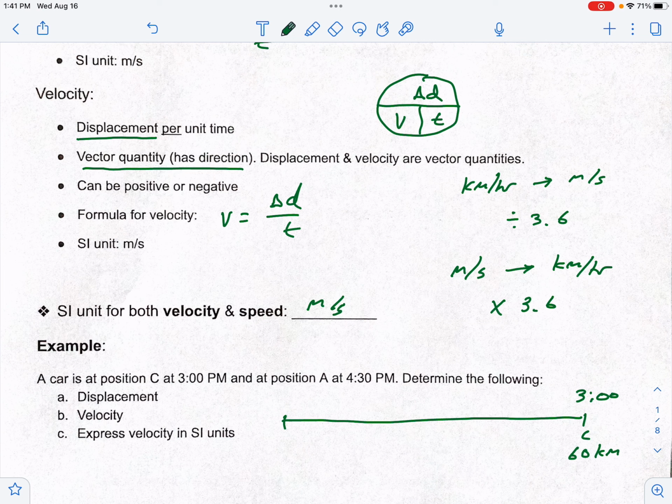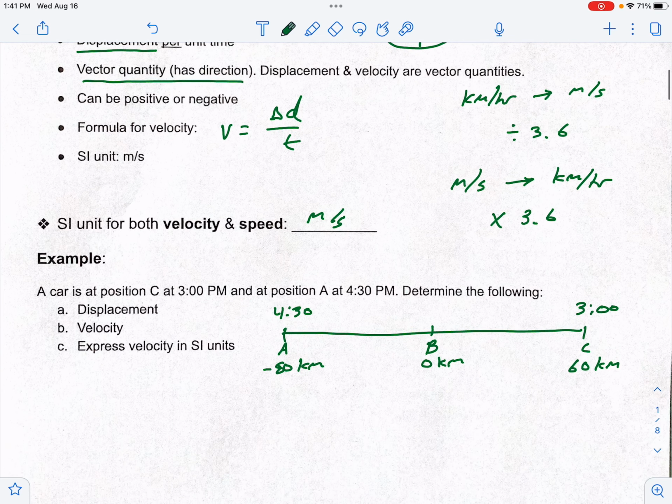And it's at position A at 4:30 p.m. So we're going to say this is position A. That is going to be 4:30 p.m., and that is going to be at negative 80 kilometers. And we're just going to throw a B in there just to show where zero is. So B's right there. That is going to be 0 kilometers, just to show you the middle. So A says, what is my displacement?